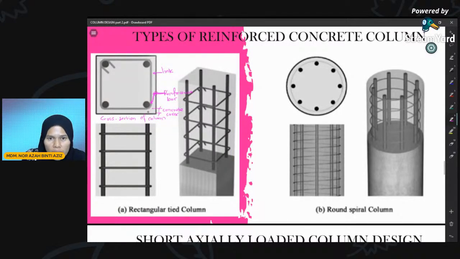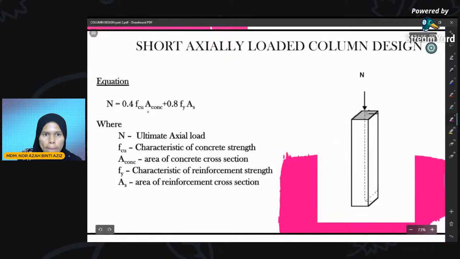Spacing of link means you have to find the distance between two links, the distance between each link. Here it is equal to 12D, right? So we will design only rectangular or square columns.